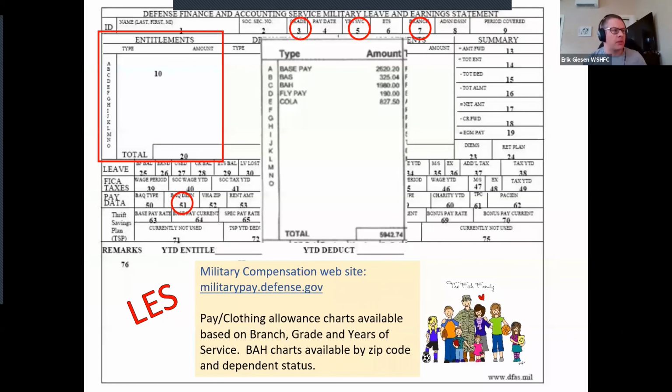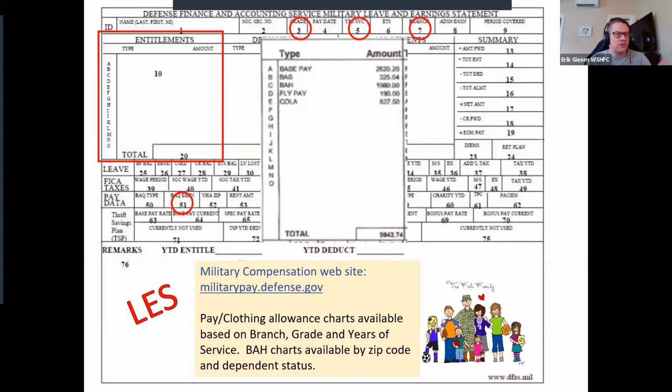So on the military pay, you would use what that total is down at the bottom. What this page is showing you is if you have a military family that is moving from out of the area to the local area, and you don't know what their pay is going to be in this area because their pay is based upon where they're stationed, you can look at their LES.